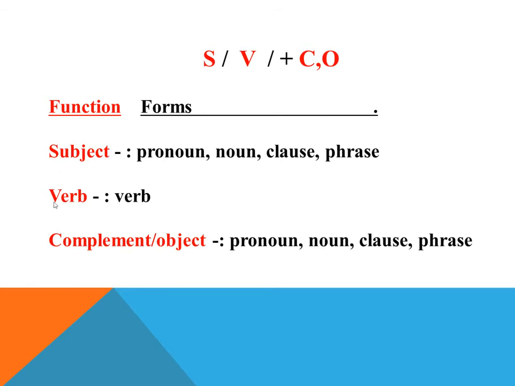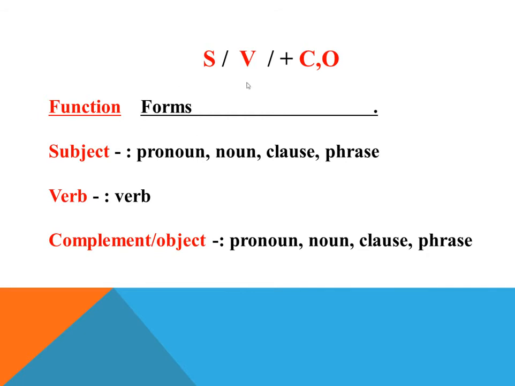The verb is only a function. It could be linguistically represented by only the form of verb. Complements and objects too are functions. They can be linguistically represented by pronouns, nouns, clauses, and phrases. So we think of these elements as functions that can be linguistically represented by forms.